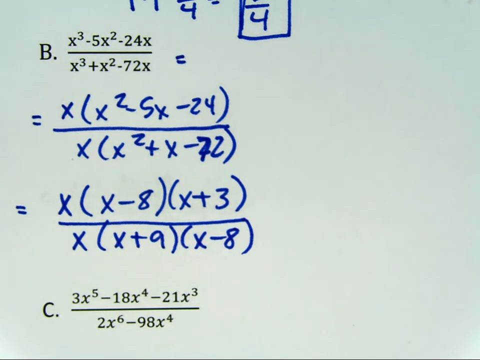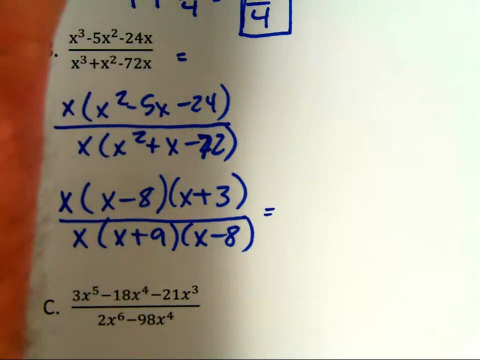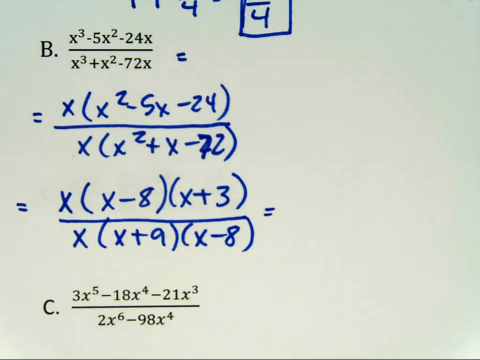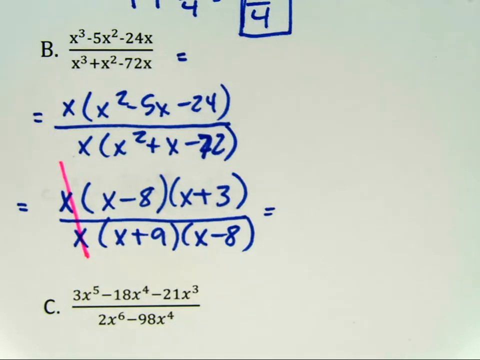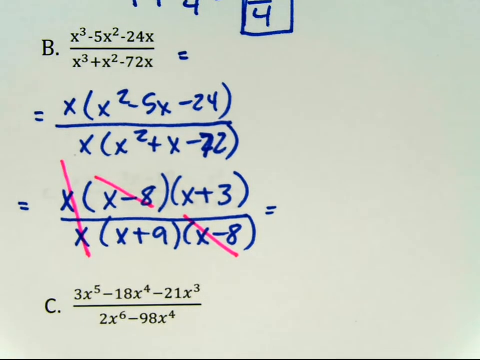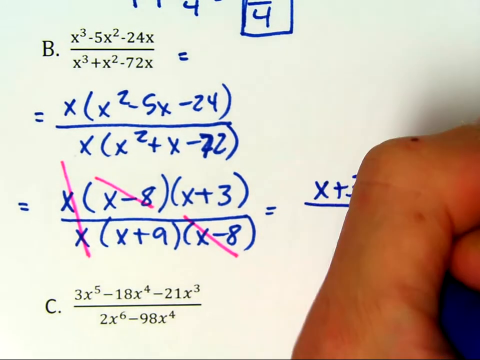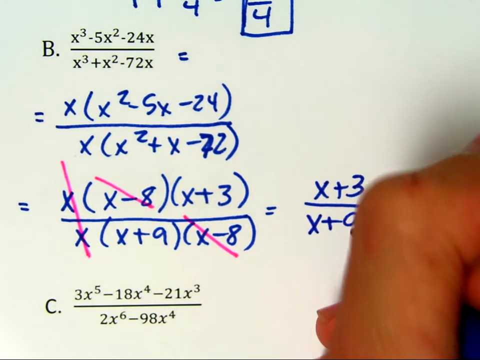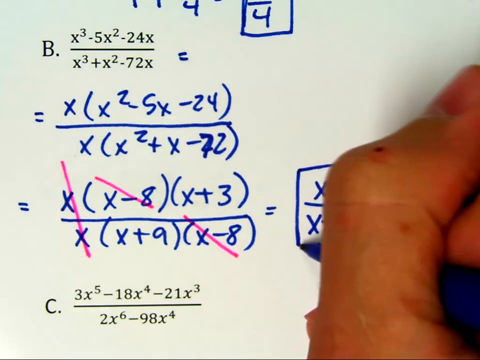So what we're looking for now is common factors, and those common factors are going to cancel. Here, my x's cancel. The x minus 8 and the x minus 8, those are common factors. Those are going to cancel out. And so we end up with x plus 3 over x plus 9. This is your simplified reduced fraction.